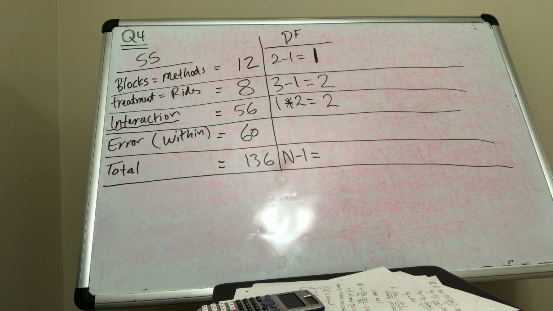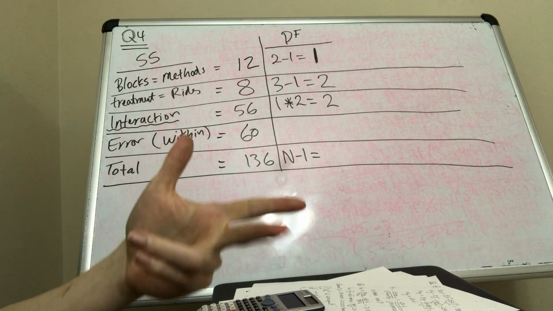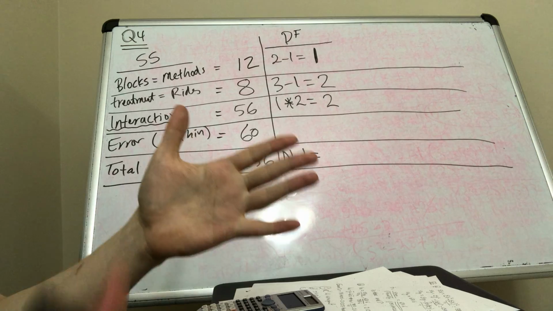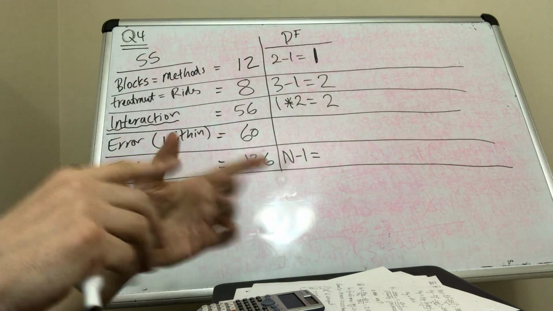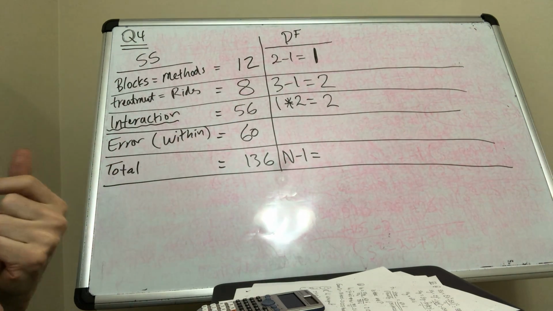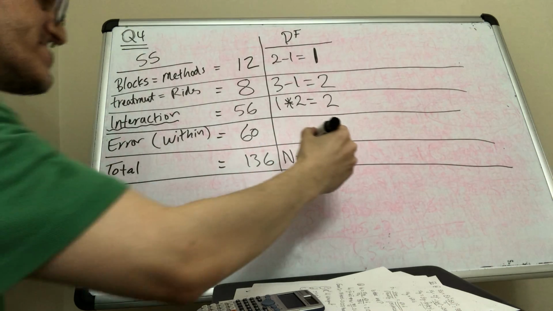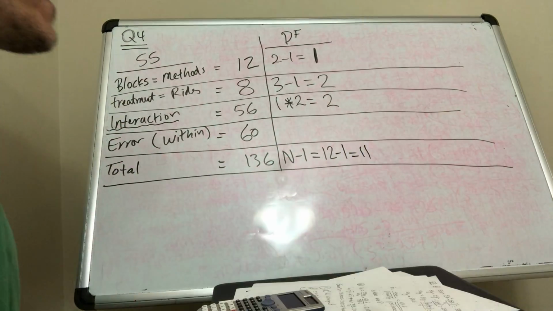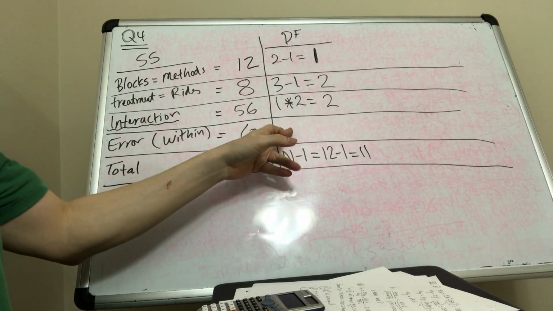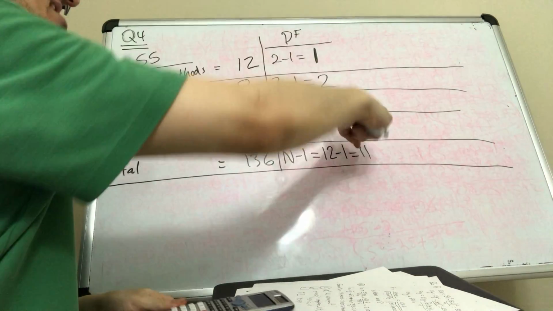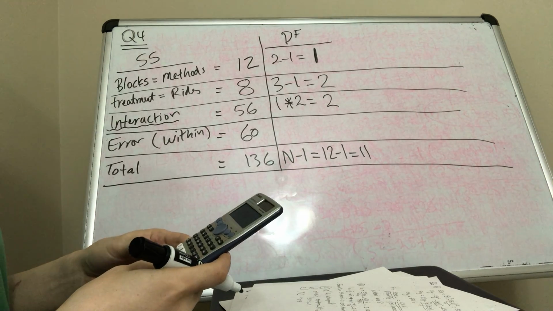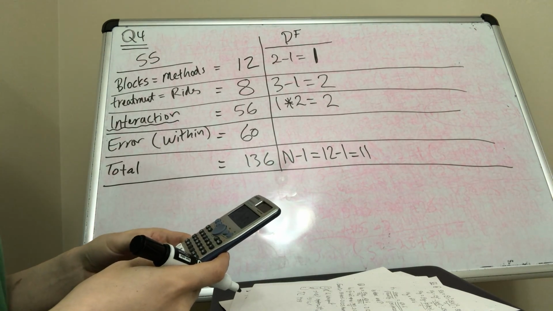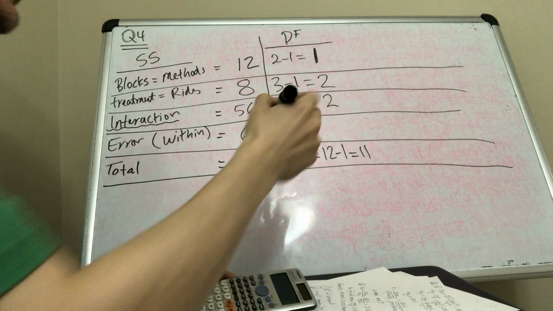How many numbers do we have? 41, 52, 50, 43, 44, 46, 49, 50, 48, 51, 46, there are 12 numbers. So 12 entries minus 1, 11. So we're missing this one, but they add to the total, so we go 11 minus 1 minus 2 minus 2. That gives you 6.